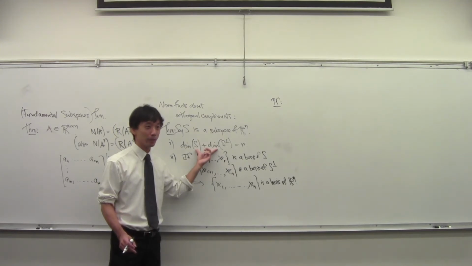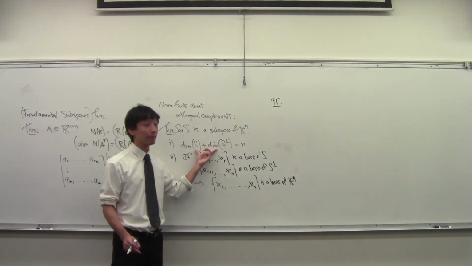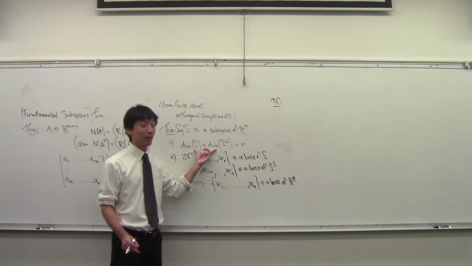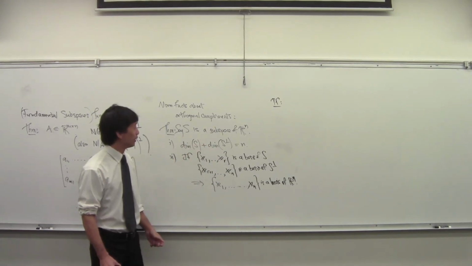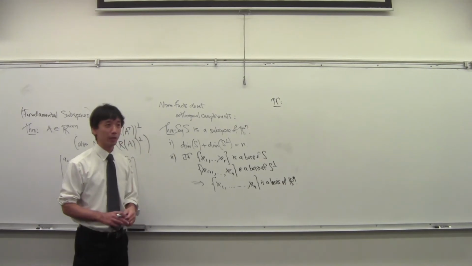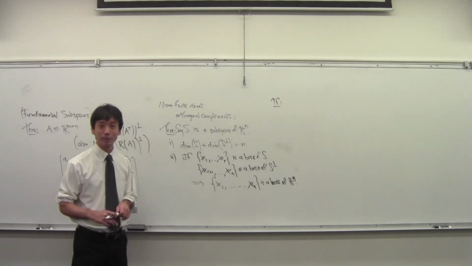The dimension of the null space and the dimension of the range, right? Exactly, yeah. This sort of screams rank theorem at you, right? So think about how to do it using the rank theorem.